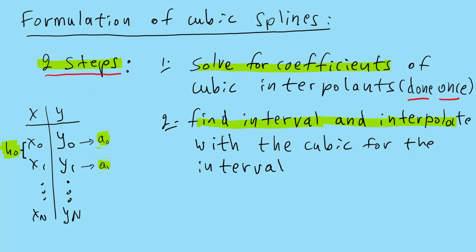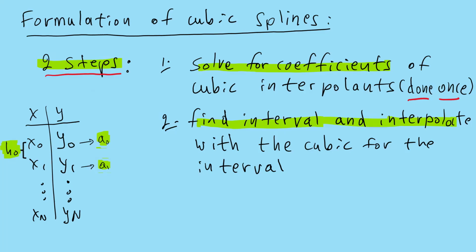Look at this table of data. As you can see, the h is shown here. The h represents the spacing between consecutive x values, and the second parameter, a, represents the function value at each node.